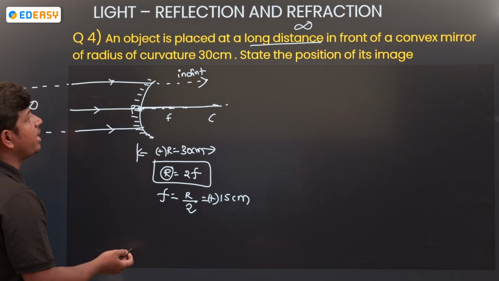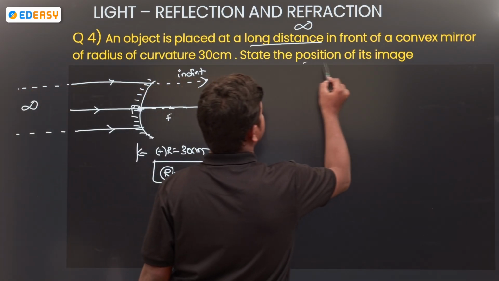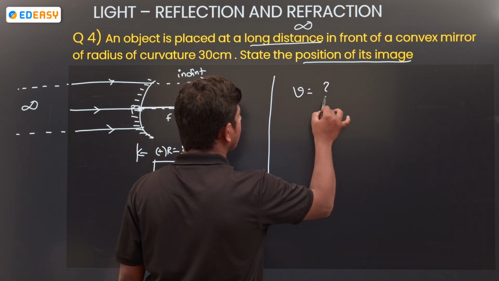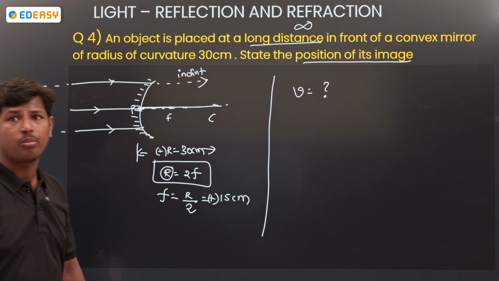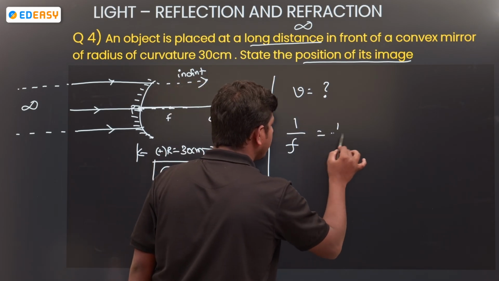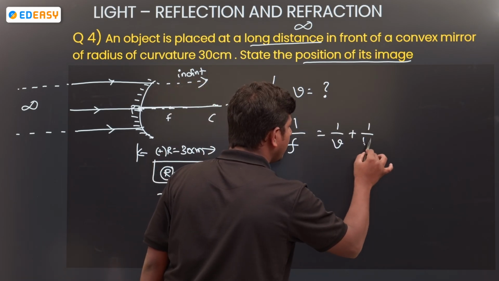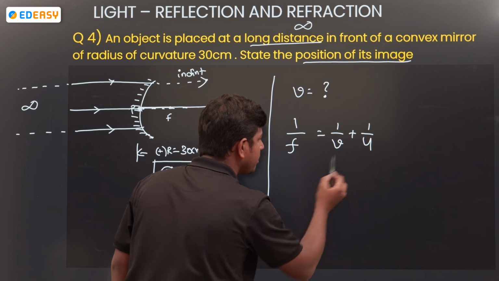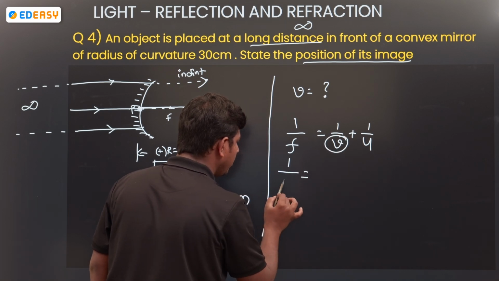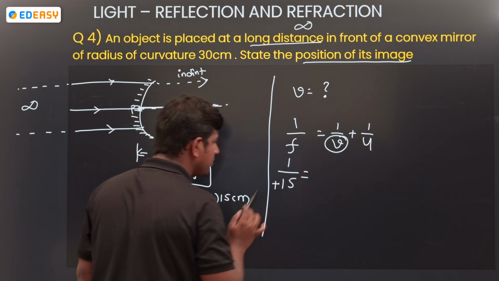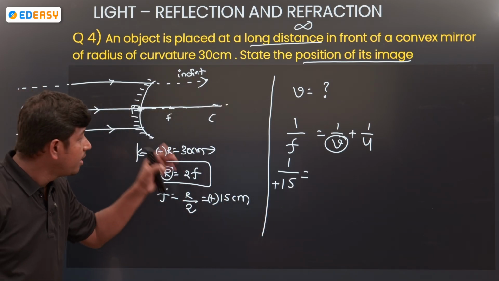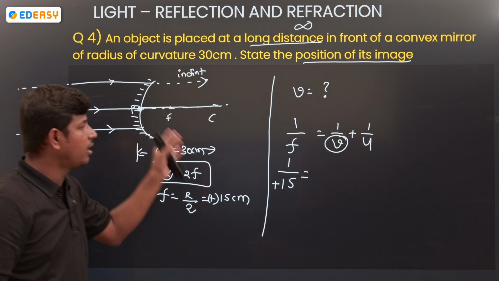What do we need to find out? State the position of its image. So we need to find the image. What is the formula? Mirror formula: 1 by f is equal to 1 by v plus 1 by u. We need to find v. The f value we know is plus 15, because it is along the direction of the incident ray.